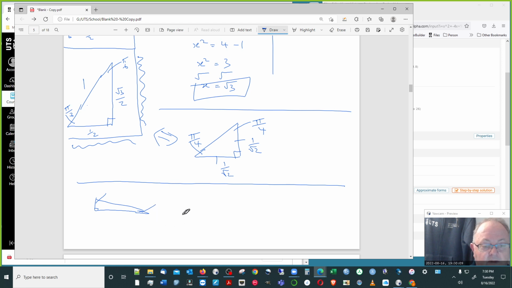What about if it's this way? Which one's the larger angle and which one's the smaller angle? What about if it's this way? Which one's the larger angle and which one's the smaller angle? What about if it's this way? Which one's the larger angle? Which one's the smaller angle?